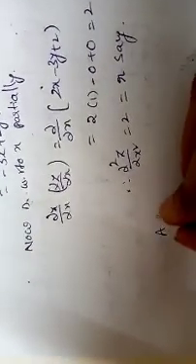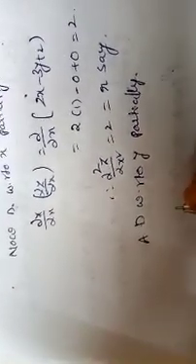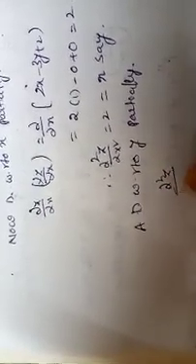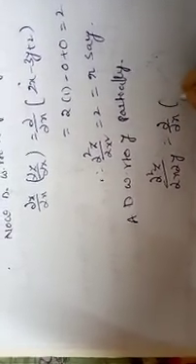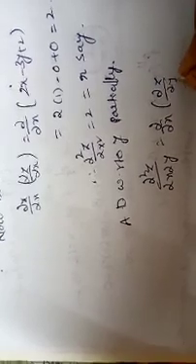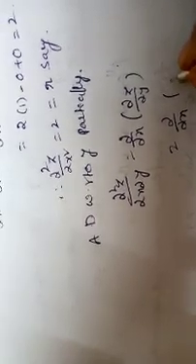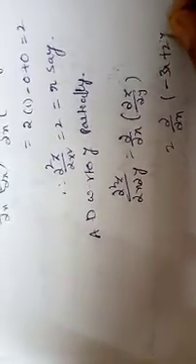Again differentiating with respect to y partially. Then dou square z by dou x dou y equal to dou by dou x of dou z by dou y, which implies dou by dou x of minus 3x plus 2y.